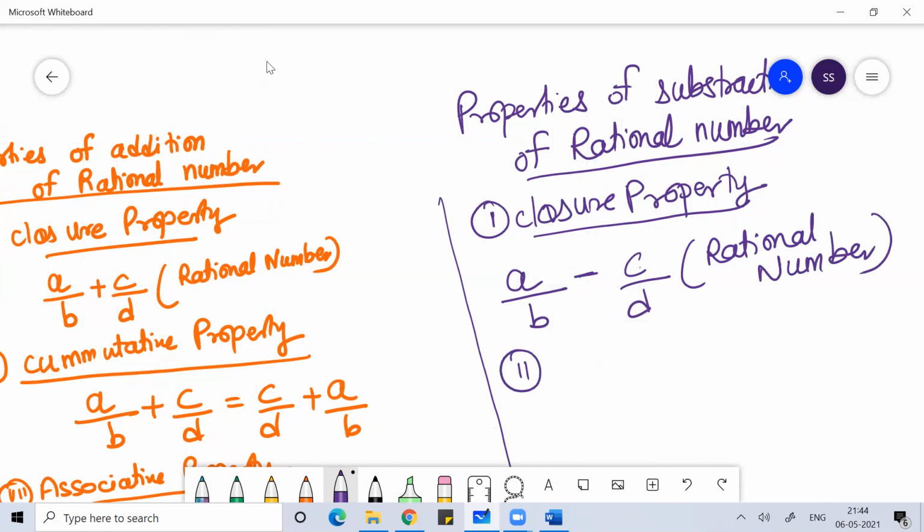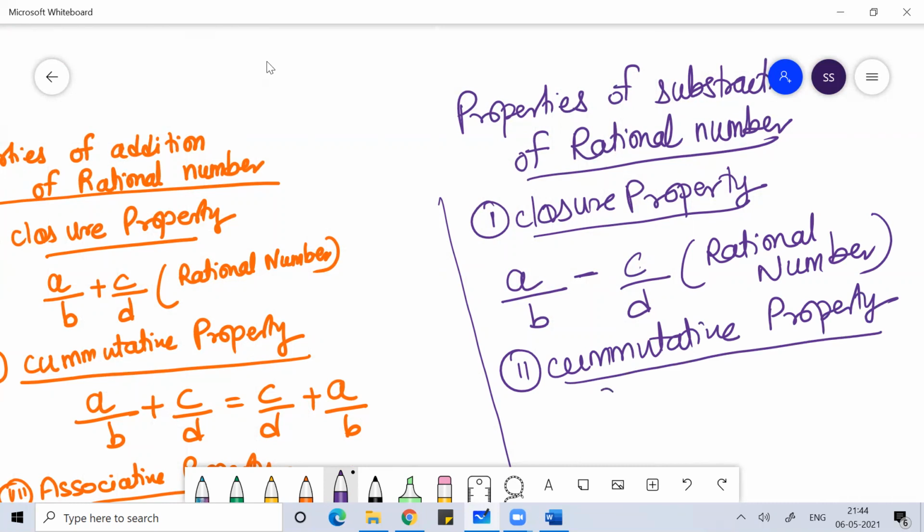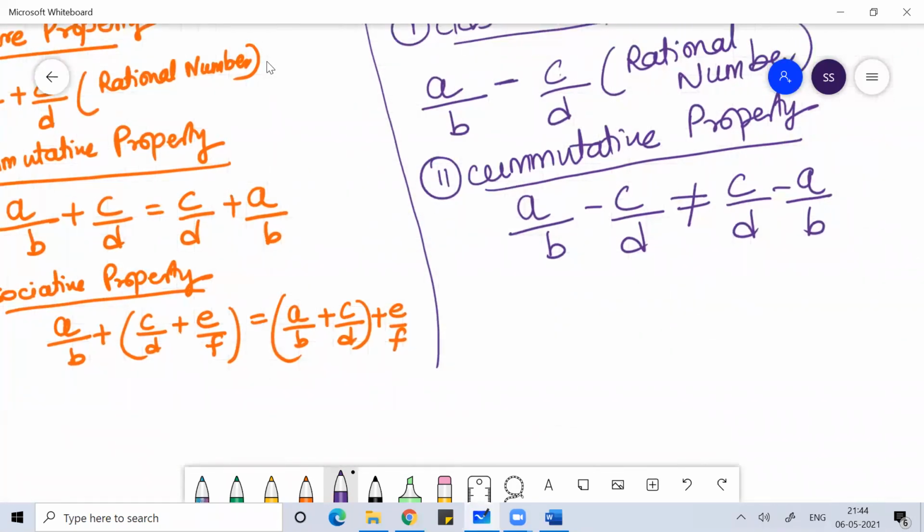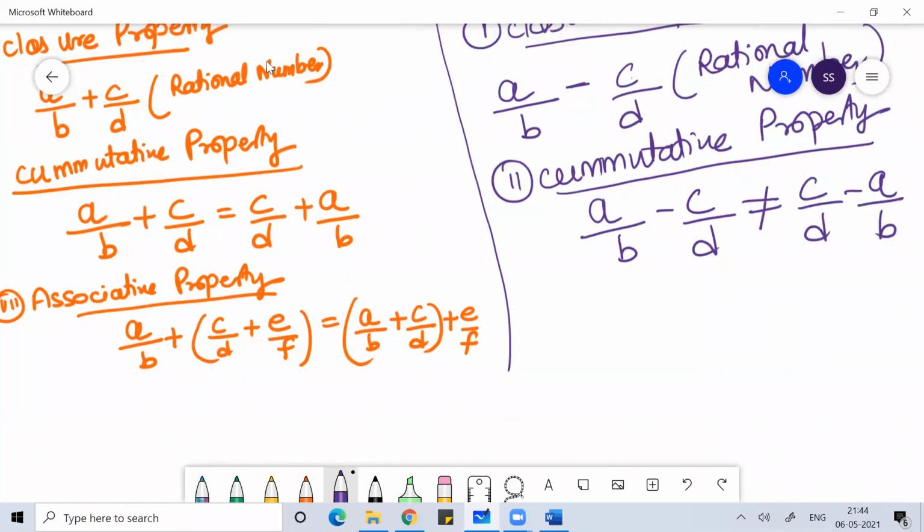Similarly, the next thing is the commutative property of subtraction of rational numbers. You need to understand that A by B minus C by D will not be equal to C by D minus A by B. So subtraction of rational numbers does not follow the commutative property, neither does it follow the associative property.